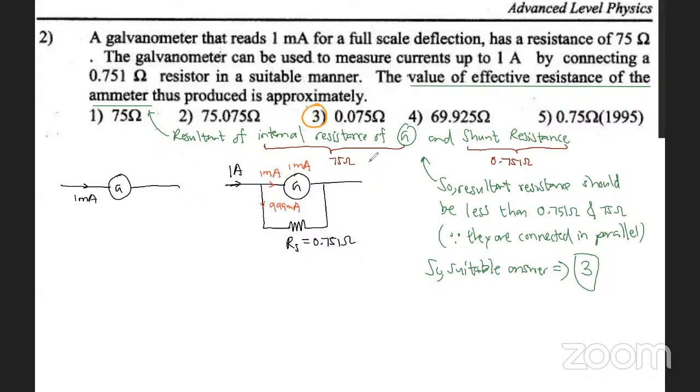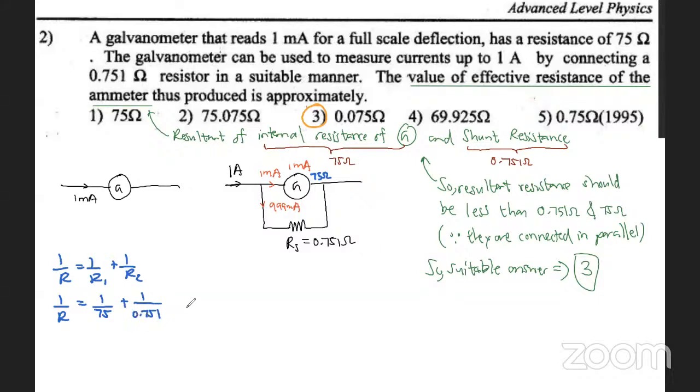What happens when you have two resistors in parallel? One is 75 ohm, this is given as 75 ohm, and this is 0.751, right? So if you want to find the resultant of them, we know 1 over R equals 1 over R1 plus 1 over R2. 1 over R1 is 1 over 75 plus 1 over 0.751.